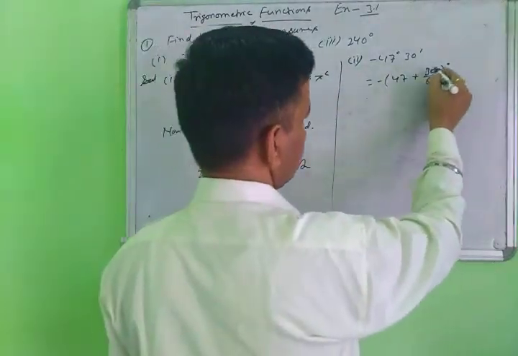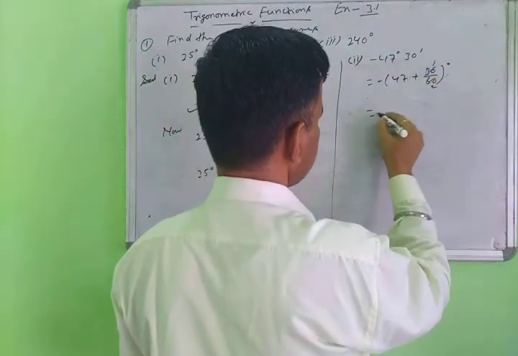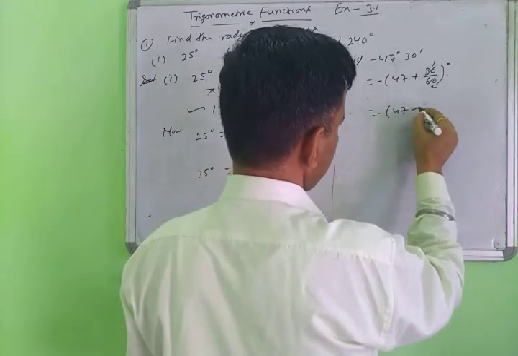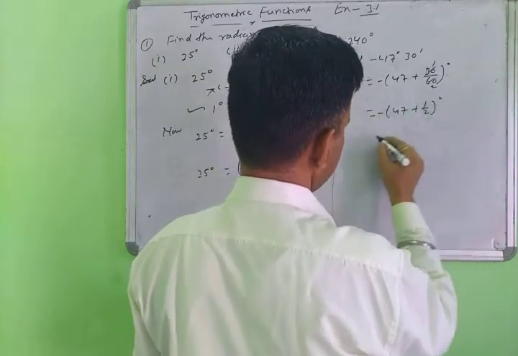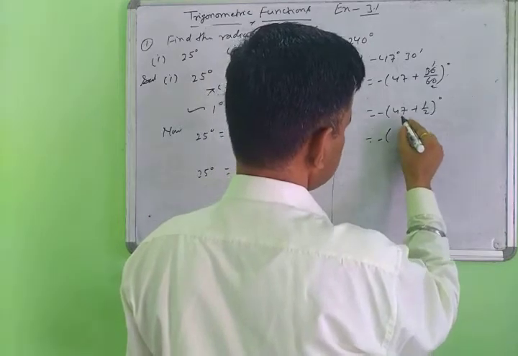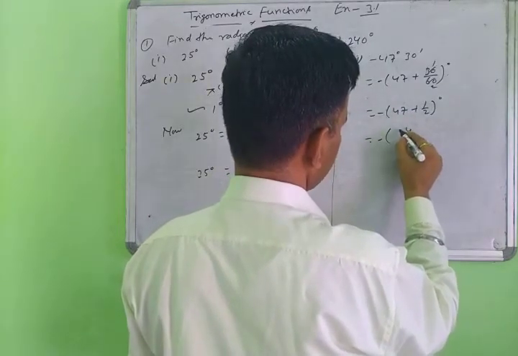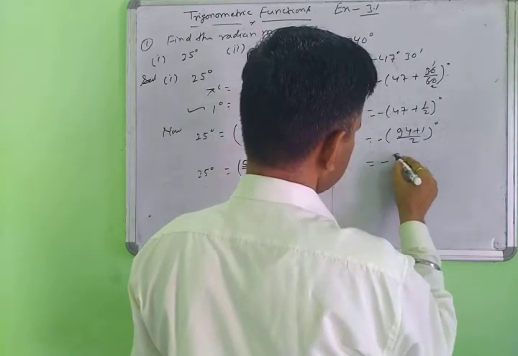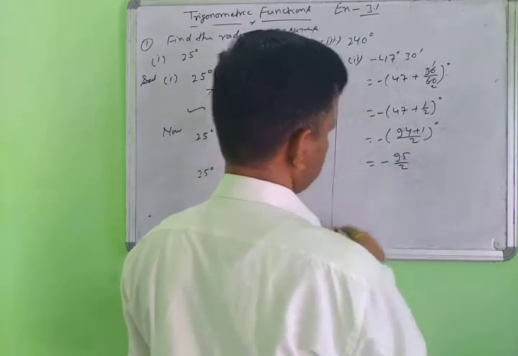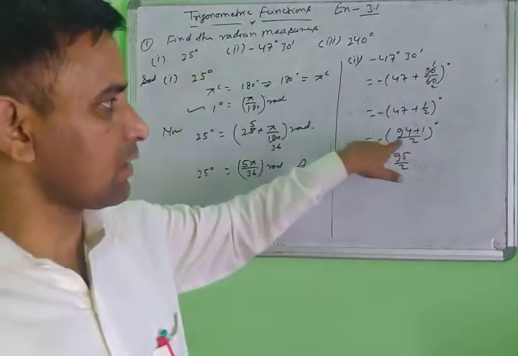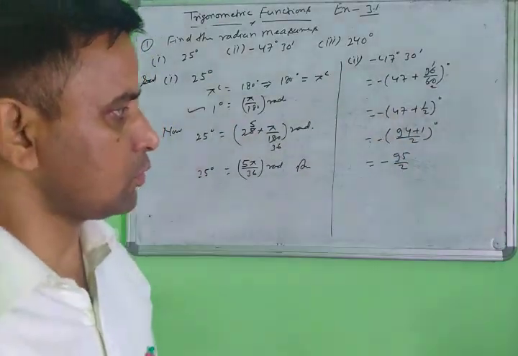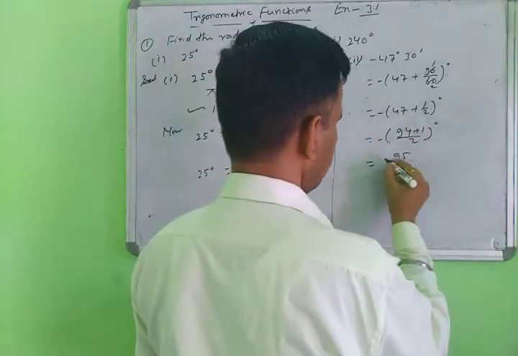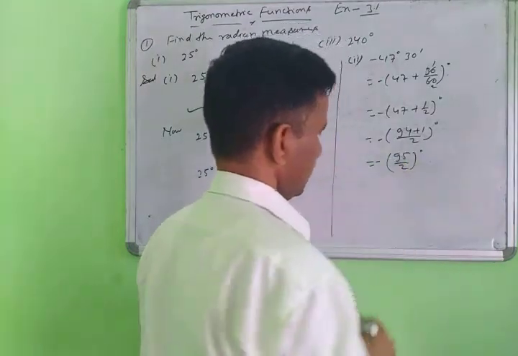What comes here is 1 by 2, which means minus 47 plus 1 by 2 degrees. So minus 47 plus 1 upon 2; taking the LCM, we get minus 95 upon 2 degrees.